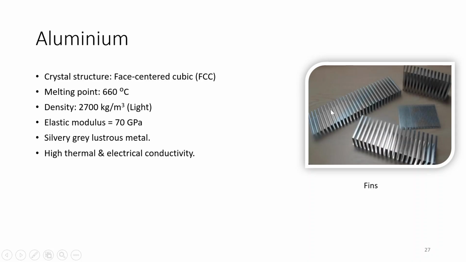So it is used in making the fins that you might have seen on radiators. Whatever system is running behind it, the radiator will take heat from it and radiate this heat out to the environment. Because of high thermal conductivity, copper and aluminum are used for making these radiators, and aluminum is much lighter compared to copper, so it is preferred.